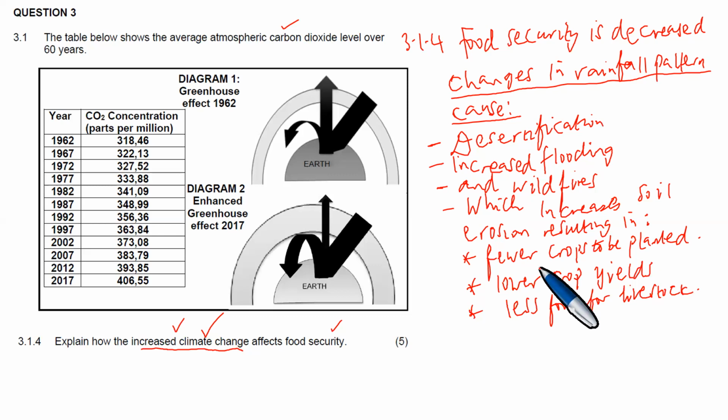But moreover, we observe that there is less food for livestock, because if there are changes in the rainfall pattern, it means that the grass doesn't grow very much and the trees do not grow very much, and therefore there is less food for the animals that are grown for food: the cattle, the goats, the sheep, and so on. They do not have enough food to graze as pastures.